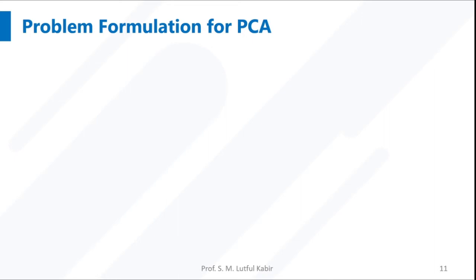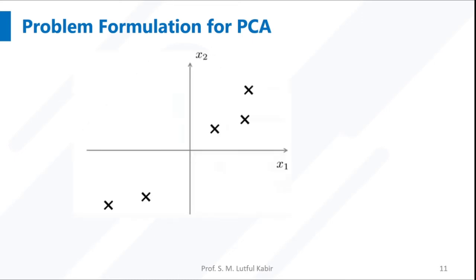So principal component analysis is based on certain principle. So let us say these are the points that are given where x1, x2 are the features. So number of features is 2, and two-dimensional data we want to convert into a single dimension.